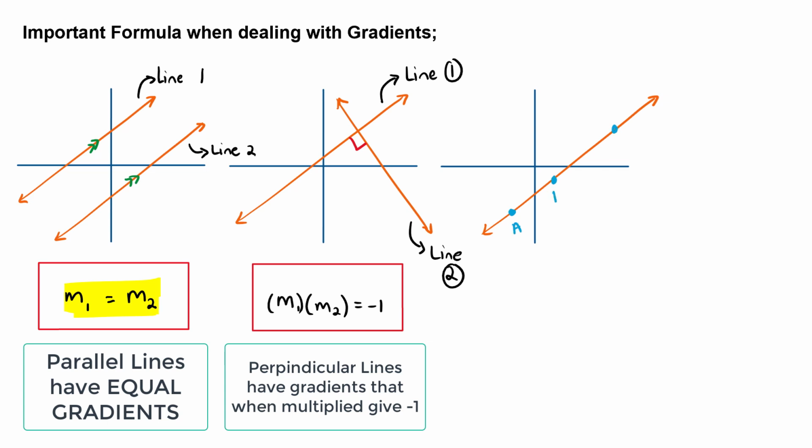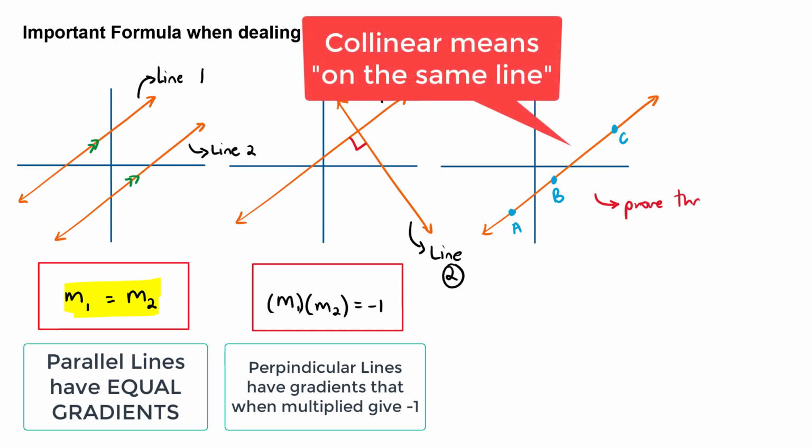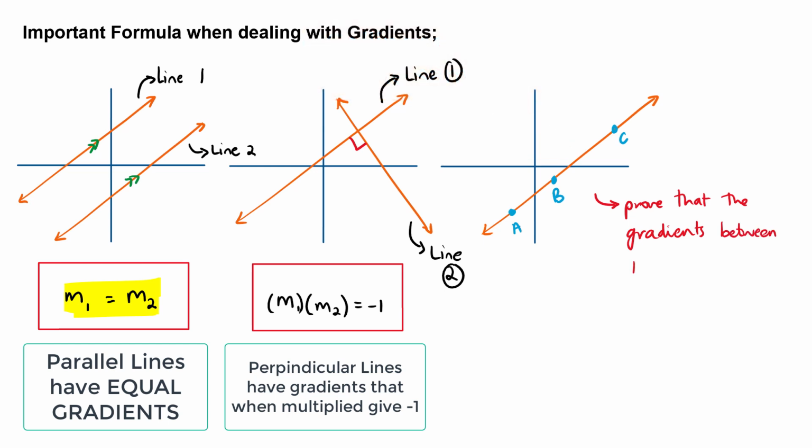We'll call them points A, B, and C. If you need to prove that the points are collinear, all you need to do is basically prove that the gradients between those points are equal. If you can prove that the gradient between the point A and B is the same as the gradient between B and C, then you know that those points are collinear. They lie on the same line.